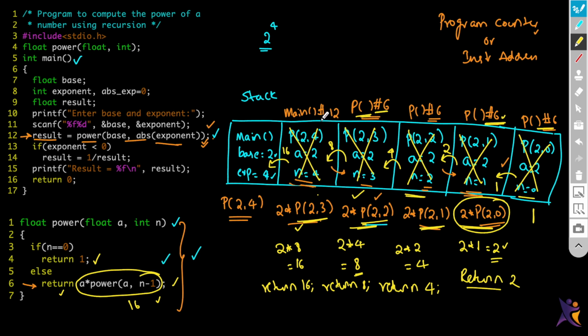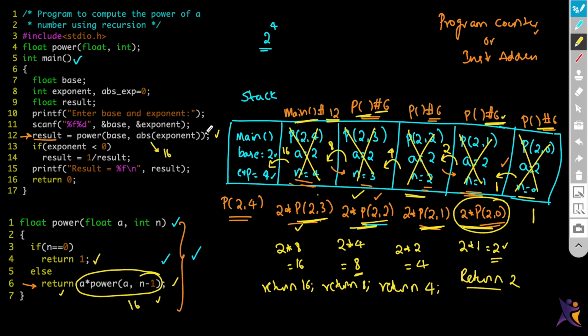The control goes back to line number 12 of the main function, right? This is what we have in our program counter of this activation record. So line number 12 is this. So the value of this power function call is 16.